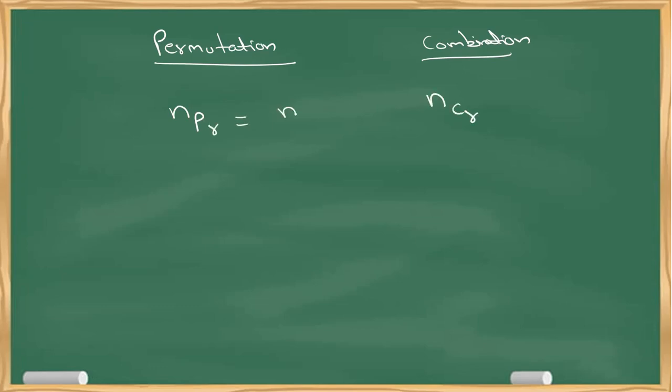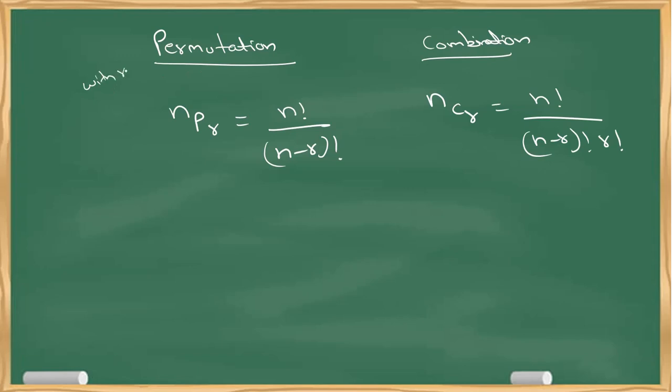Where nPr is nothing but n factorial by n minus r factorial, where nCr is nothing but n factorial by n minus r factorial into r factorial. Again, we have subcategories. This is with repetition and without repetition. Again, we have two subcategories for combination also, that is with repetition and without repetition.